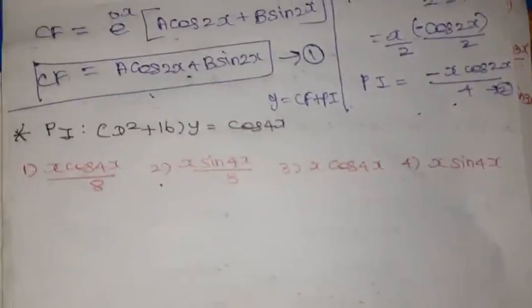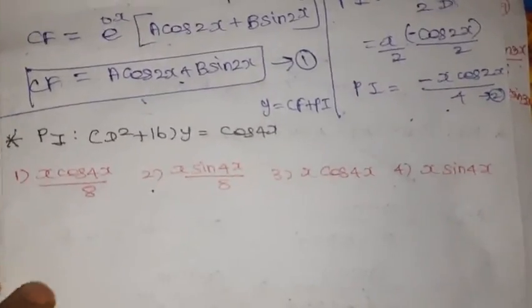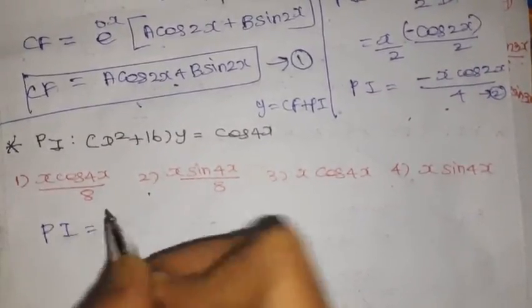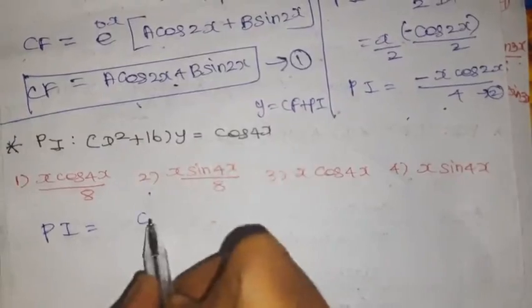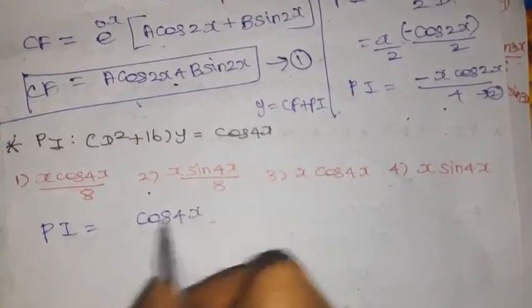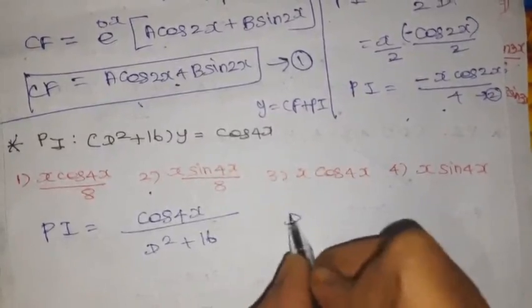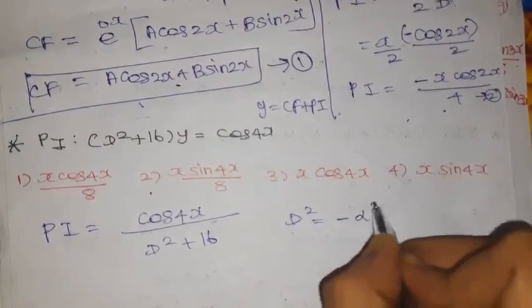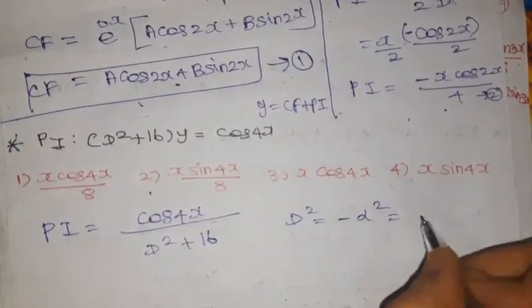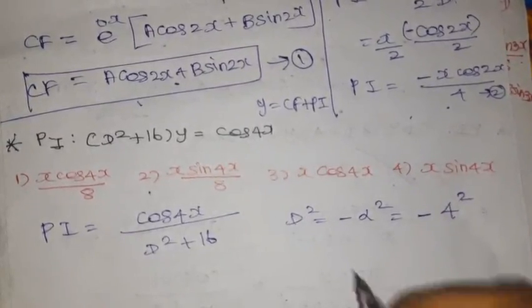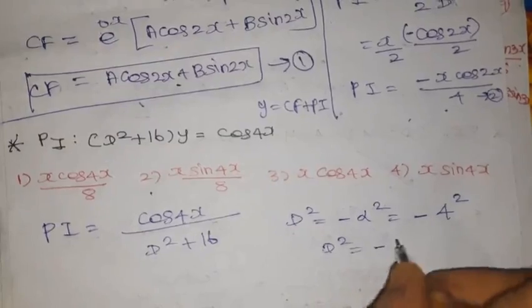We will move on to the next problem. We need to find out the particular integral for the given problem. So for the particular integral, we should see the type of RHS. The type is nothing but cosine function divided by D squared plus 16. So we need to replace D squared equal to minus alpha squared. What is alpha here? 4 squared. So D squared equal to minus 16.